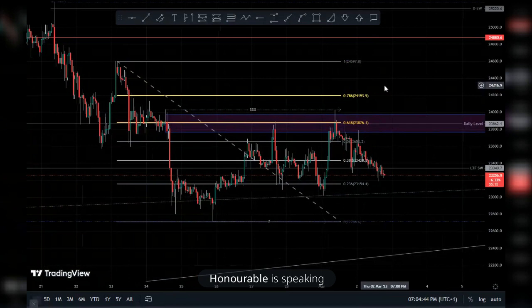Now take a look at the 0.382, the 0.618, and yeah, you can see here, right here, we have the 0.786. Now let me explain this a little bit.